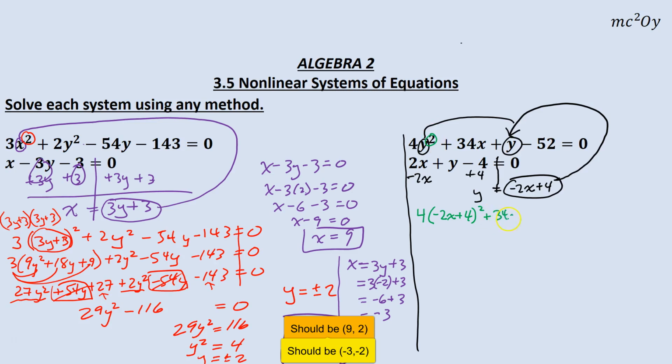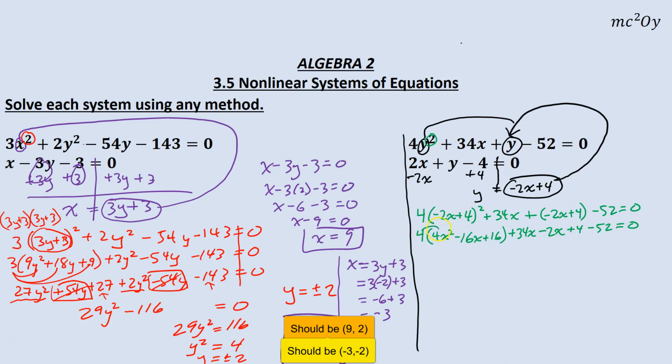Plus 34x plus y, or negative 2x plus 4, minus 52 equals 0. Then that would be 4 times, and if I use FOIL here, 4x squared minus 16x plus 16, plus 34x minus 2x plus 4 minus 52 equals 0.